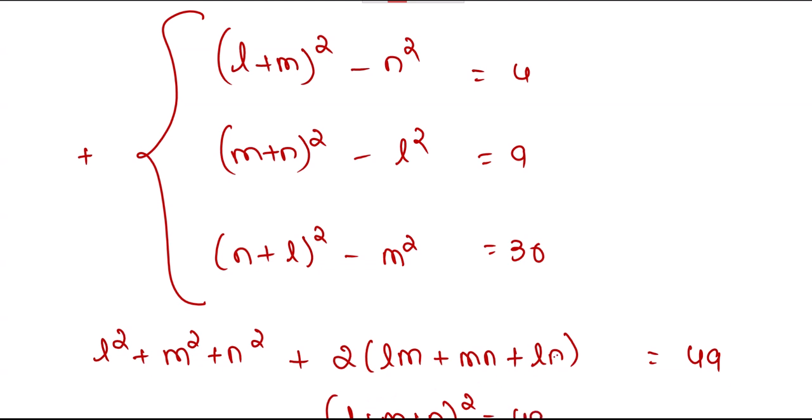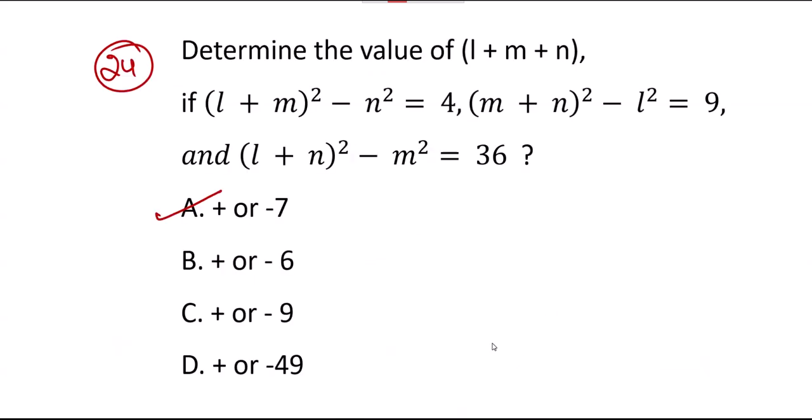So L plus M plus N is plus or minus 7, because minus 7 square also 49, plus 7 square also 49. So equations we mentioned in syllabus, so kindly focus on that.